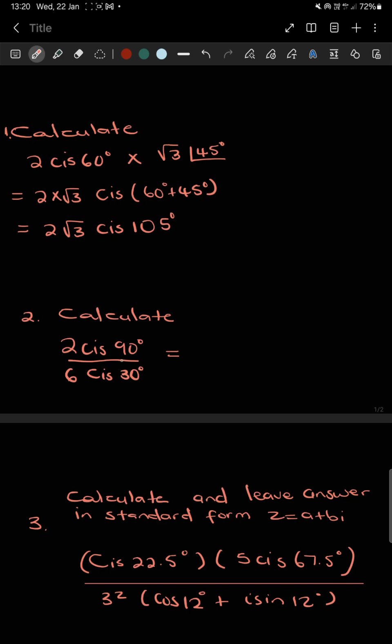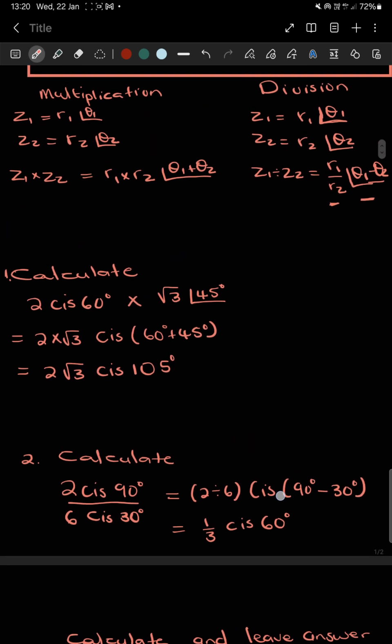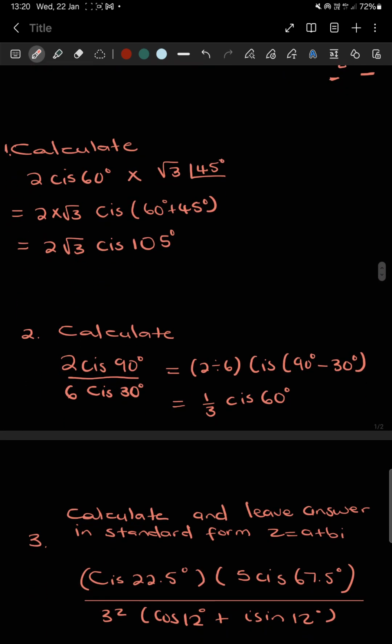So if I have 2 cis 90 over 6 cis 30, what I'm going to have is 2 divided by 6 cis 90 degrees minus 30 degrees, which gives me 1 over 3 cis 60 degrees. I will leave it there for now. Sometimes you'll be asked to write in decimal form or leave in finite form, but for now we'll just leave it here. All right, that's how easy it is.